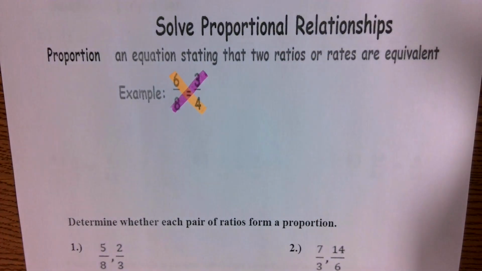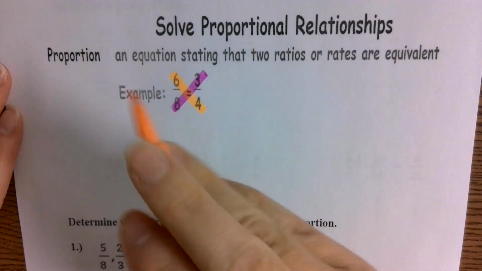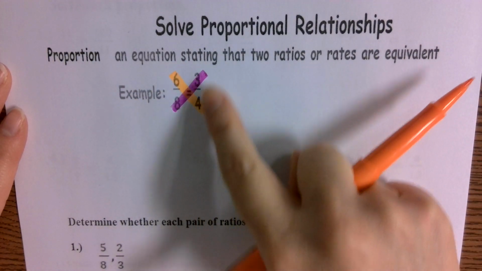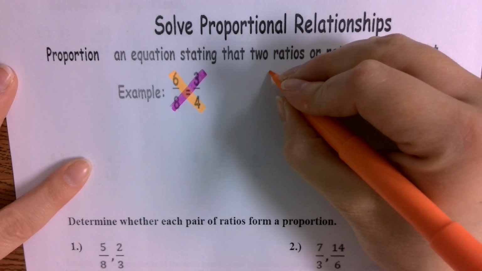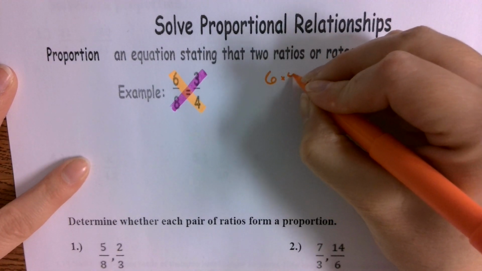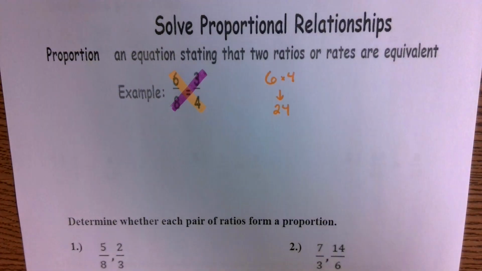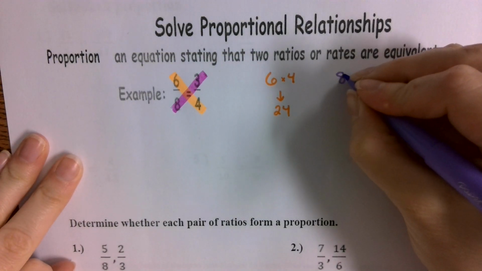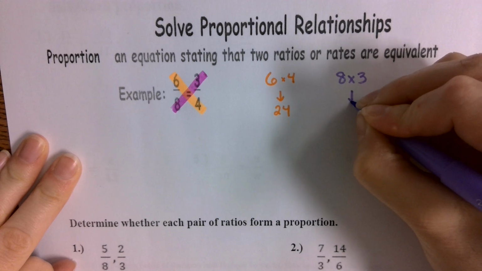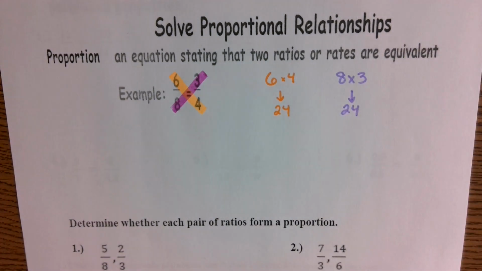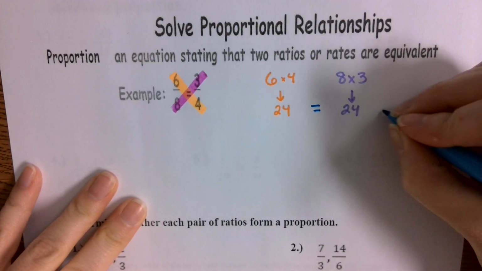That keeps in mind, hey, when I want to check for proportionality, I am multiplying. So I'm going to do 6 times the 4, which comes out to 24. And then I'm also going to do 8 times the 3, and that comes out to 24. So what I do happen to have here is a proportional relationship.